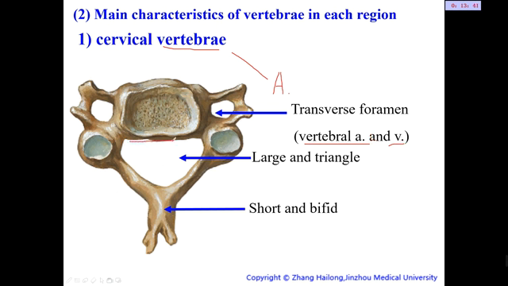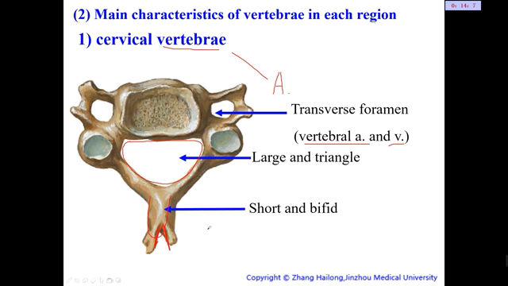And you see here is the vertebral foramen. This foramen is very big, and the shape is triangular. And you see the spinous process of the cervical vertebrae is very short, not very long, and bifid, which means there are 2 spinous processes.